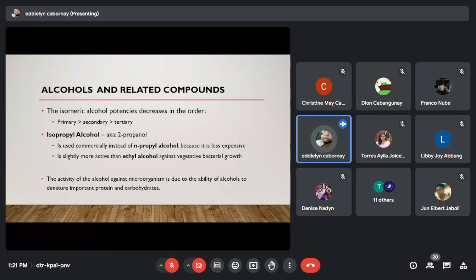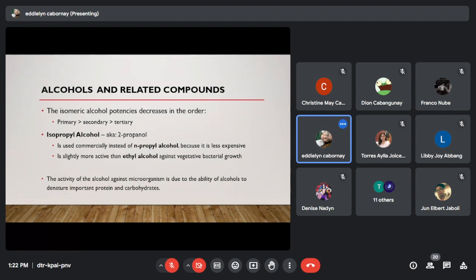But isopropyl and ethyl alcohol are ineffective against spores. If you will buy alcohol, it is better to buy isopropyl than ethyl alcohol because it is more active against vegetative bacterial growth, which means it can slow or prevent the mutation of the bacteria.